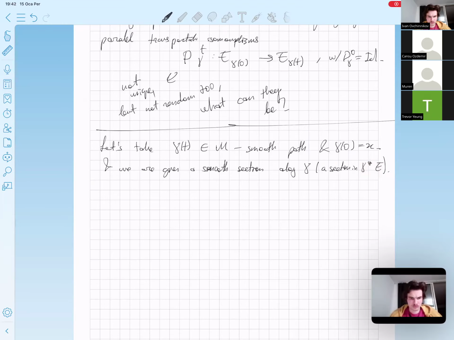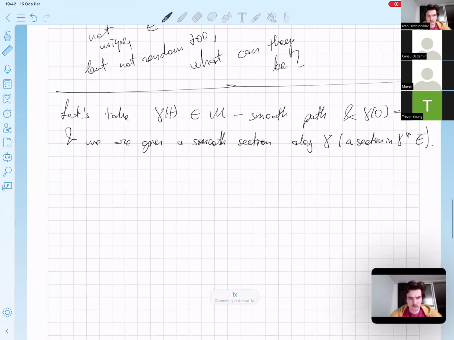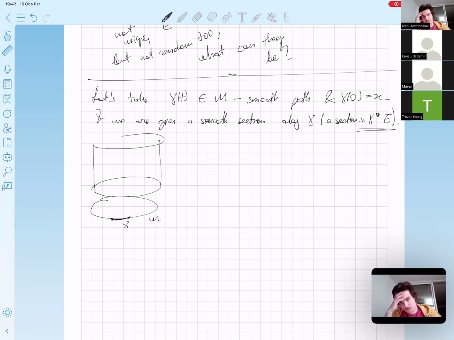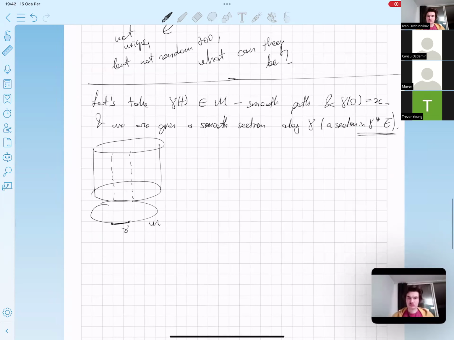If this is confusing, it shouldn't be. This just means that we have this base space M, and then we have this gamma, and then we have this total space. And then we just look at the total space where gamma can come from, how to lift it up. And then we take its section on this area. So a section will just be a section as usual.